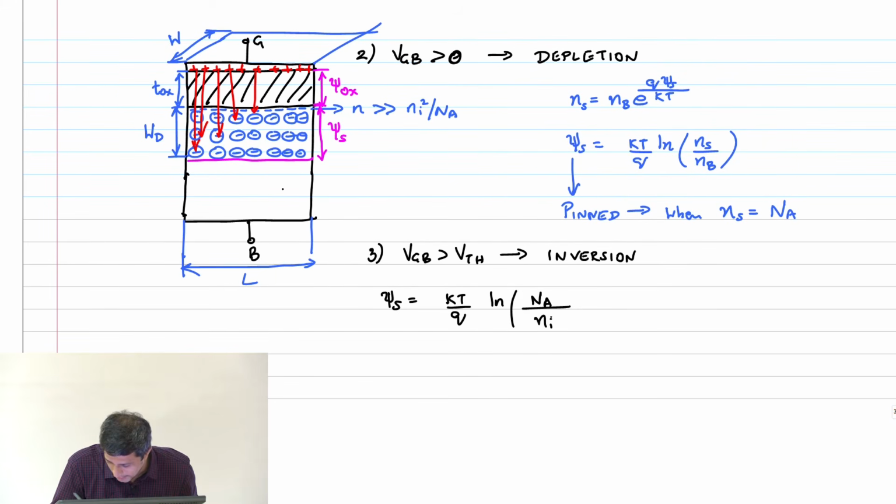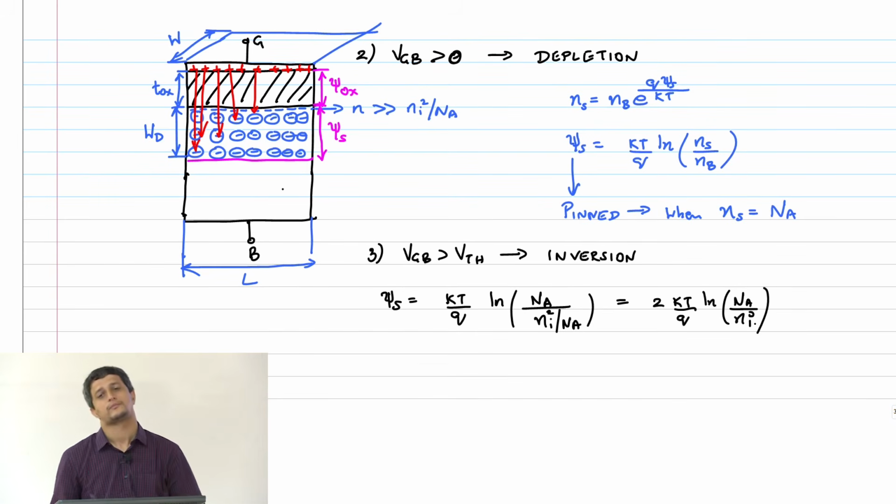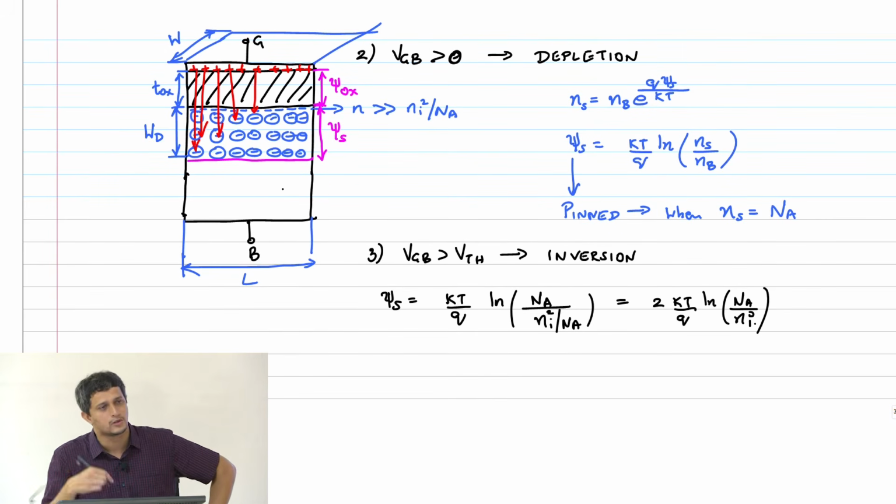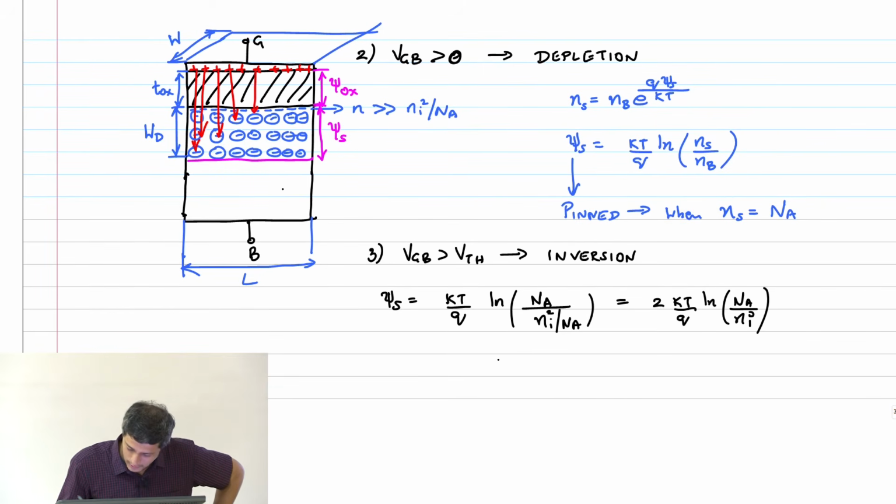So this is Ni squared by Na, and therefore you can write this as 2 kT by q ln of Na by Ni, bringing the square out of the ln. So this is a very important surface potential term, 2 kT by q ln of Na by Ni.